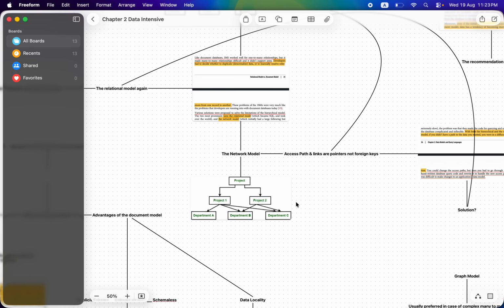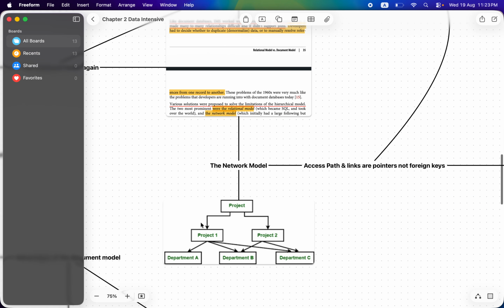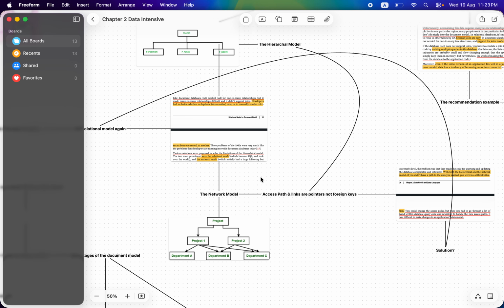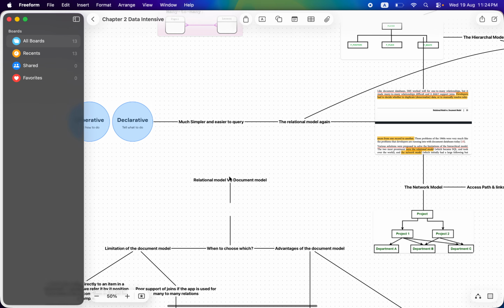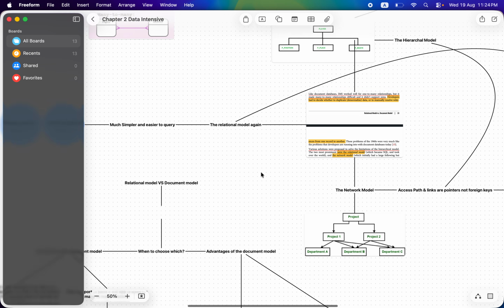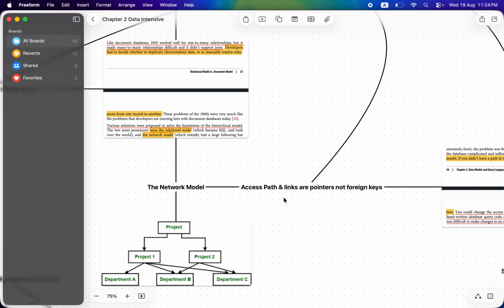The network model is simply the same as the hierarchical model, but now the children have multiple parents, so that we can support many to many relationships. Okay, so we just mentioned that the hierarchical model uses an imperative query language, same as the network model, and the main problem is that we don't really use foreign keys.